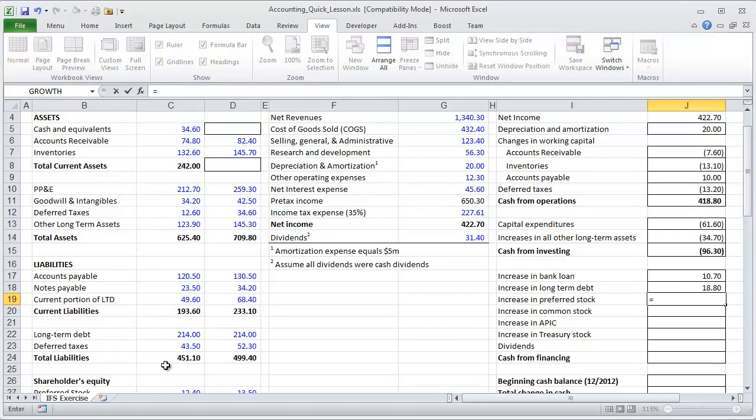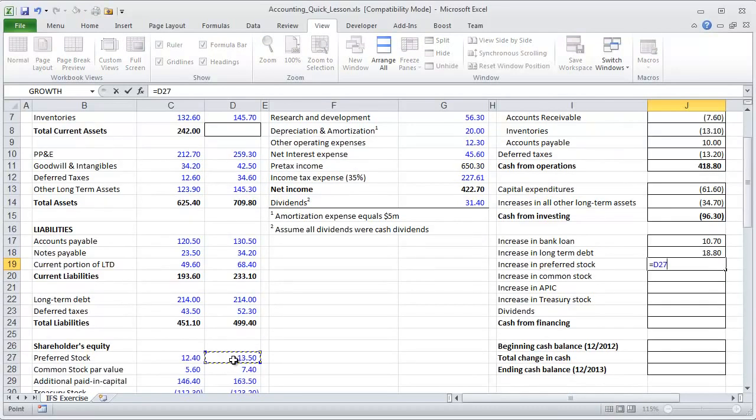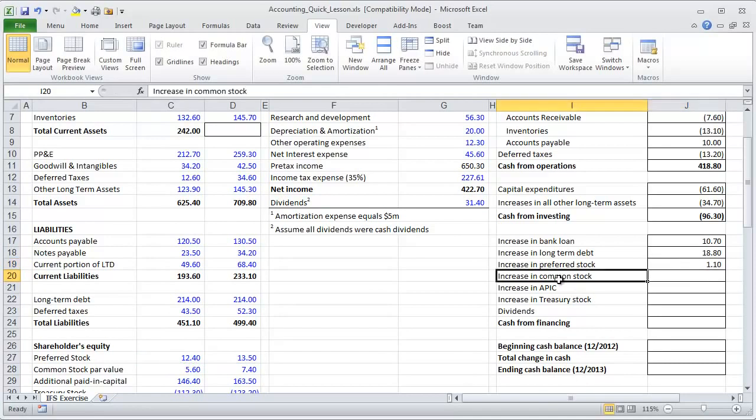Preferred stock, let's scroll down here and see. It looks like we did issue an additional 1.1 million in preferred stock. We have now common stock and APIC. We can think of these two line items together. There's a conventional difference between the two, but substantively, when you issue stock, a portion of the value of that stock is attributed to common stock par value, and the remaining portion is attributed to additional paid in capital, or APIC.